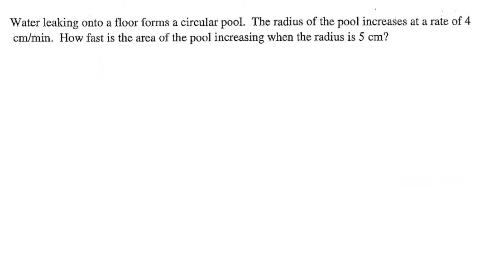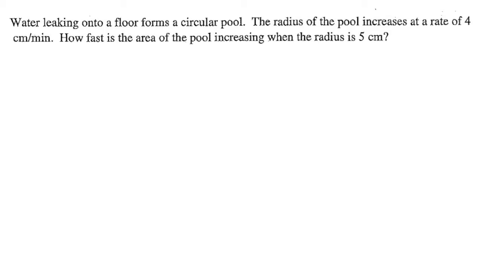Okay, for our first problem, we have water leaking onto a floor forms a circular pool. The radius of the pool increases at a rate of 4 centimeters per minute. How fast is the area of the pool increasing when the radius is 5 centimeters? We have a lot of information in this problem.